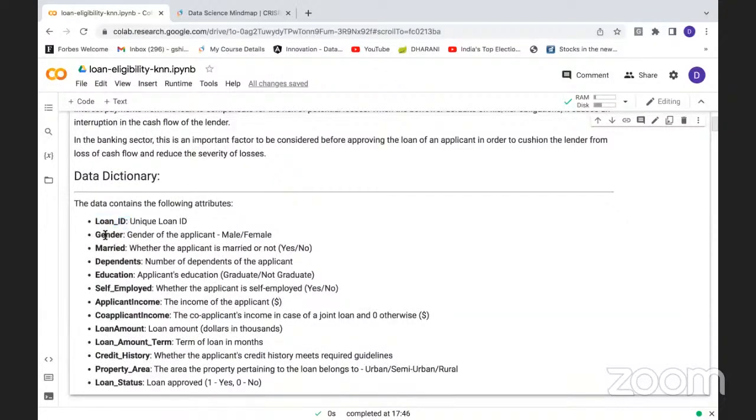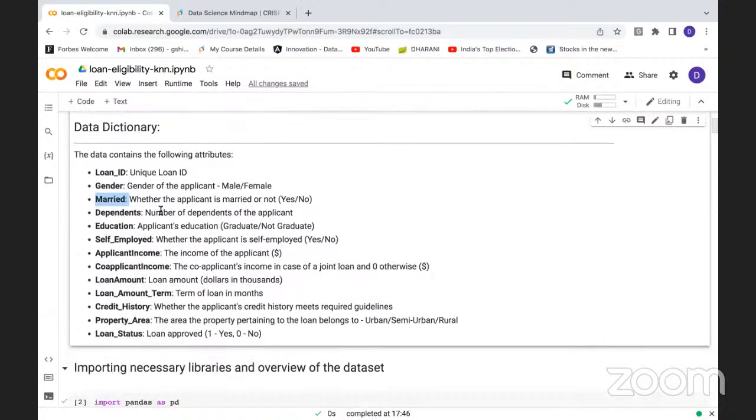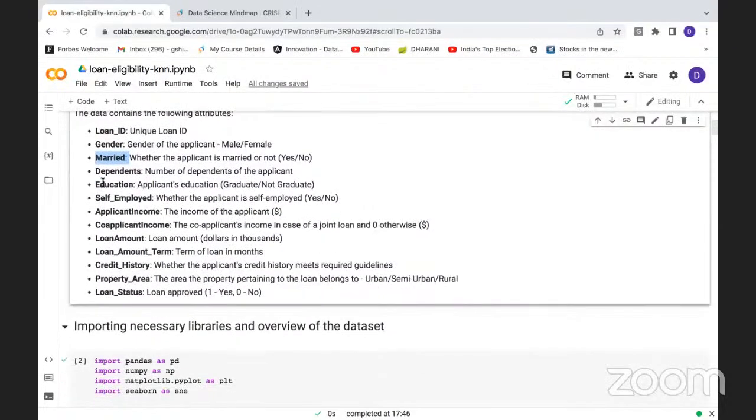Whether the applicant is male or female, whether married or not married, how many dependents are there, whether graduated or not, whether self-employed or not, what is the income of the applicant, if you have any co-applicants what is his income in case of a joint loan, loan amount, term of loan in months, whether the applicant's credit history meets the required guidelines or not, the property area pertaining to the loan, whether it belongs to urban, semi-urban or rural, and loan status.